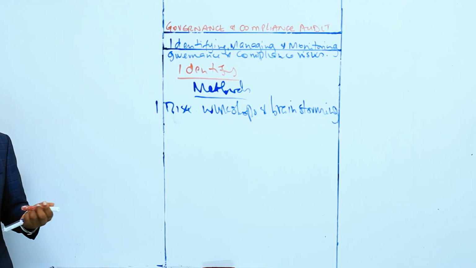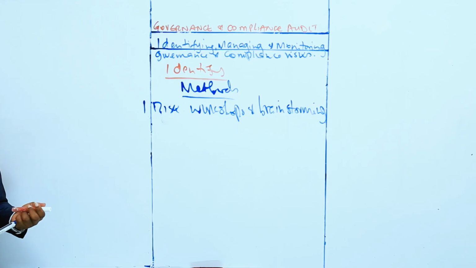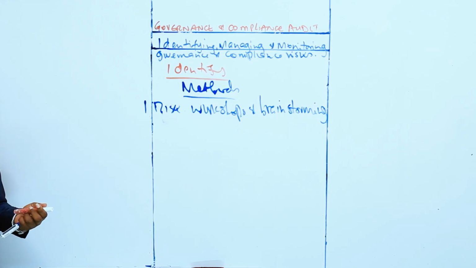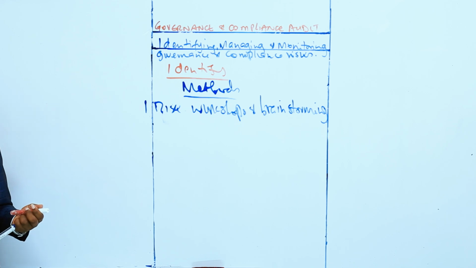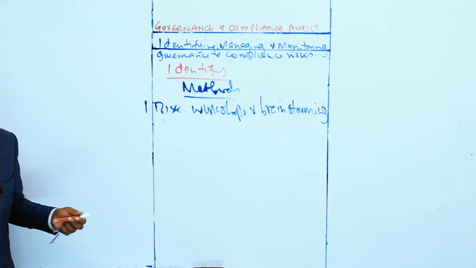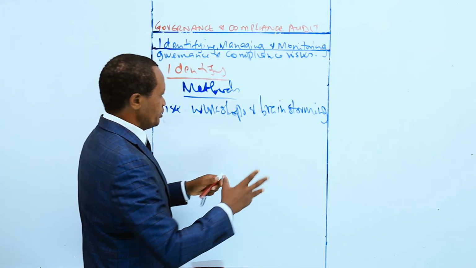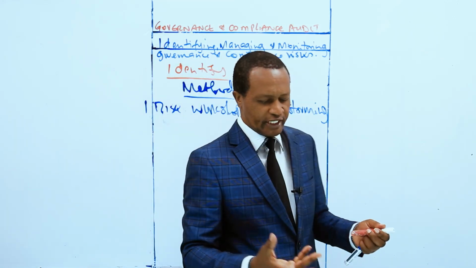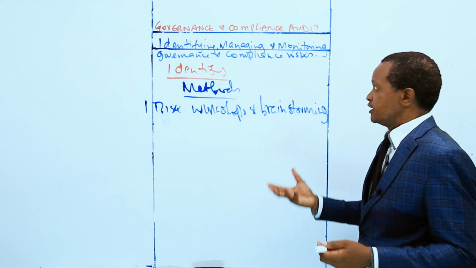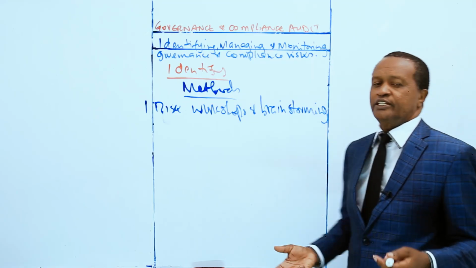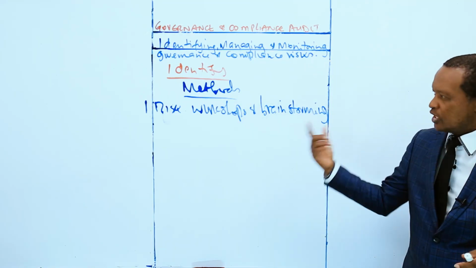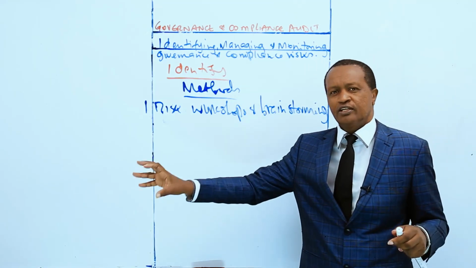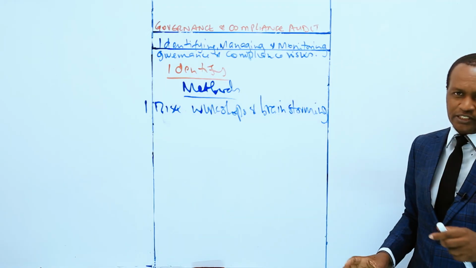The departments could be the legal department, the finance department, operations department, HR, IT, internal audit, the senior management, and even the board members. They can come together and brainstorm and try and identify the governance and compliance risks in the organization, having workshops that comprise personnel from the different departments that I've named.